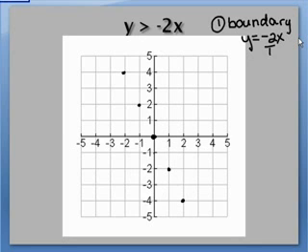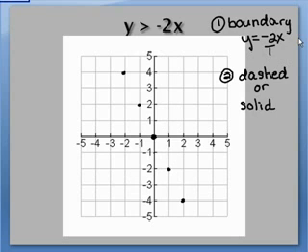So then step 2 is to decide, do we want a dashed line? Do we draw it dashed, or do we draw it solid? Well, that depends on this sign here.